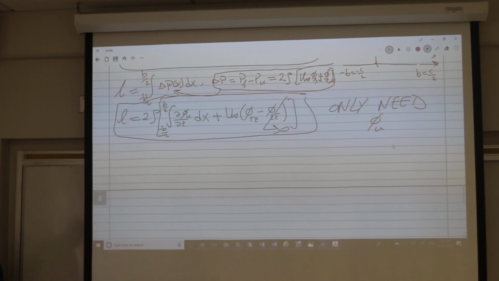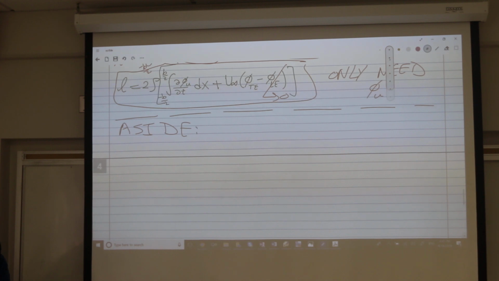And to get phi, I will derive a relation for the mapping. This is actually a side, and probably this is the last thing that we will do. It's quick and it's very intuitive. So you have your circle, and I will map this to here.